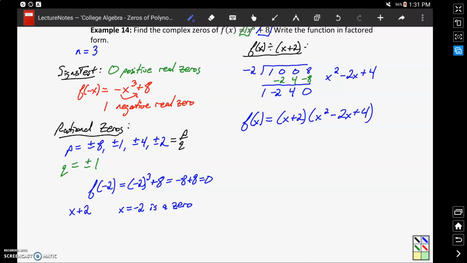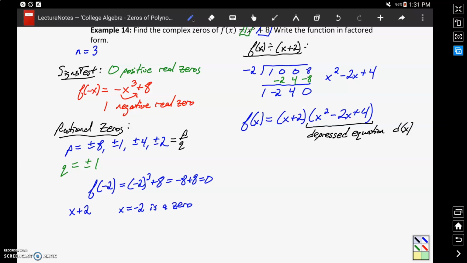So we've moved one step closer to factoring this function. Now what we'll do is focus on this remaining portion, the result of that division step, which we'll refer to as the depressed equation, or d of x.